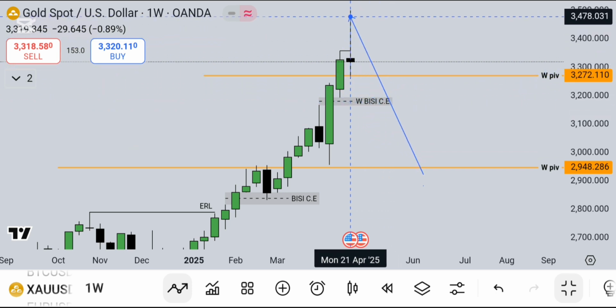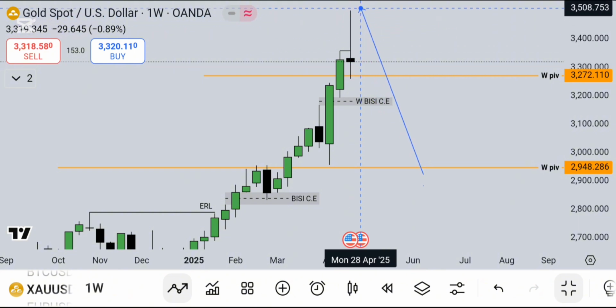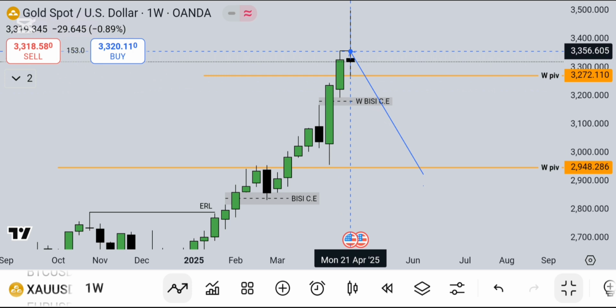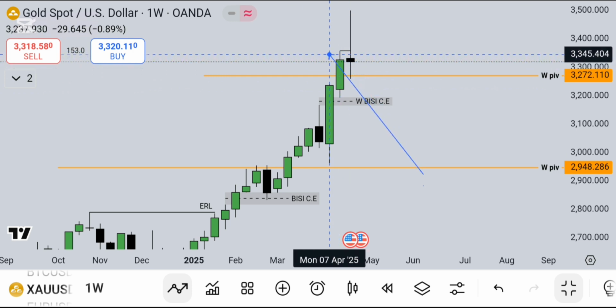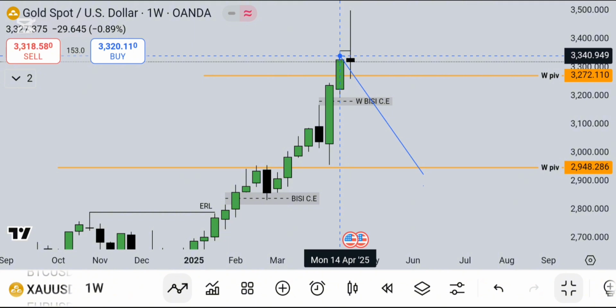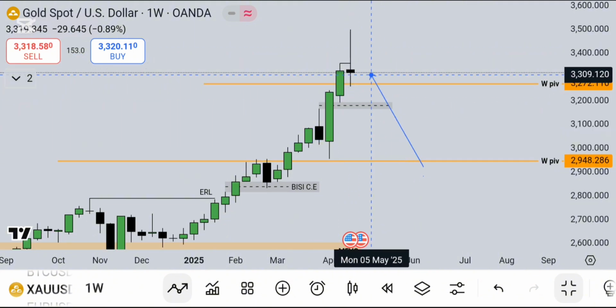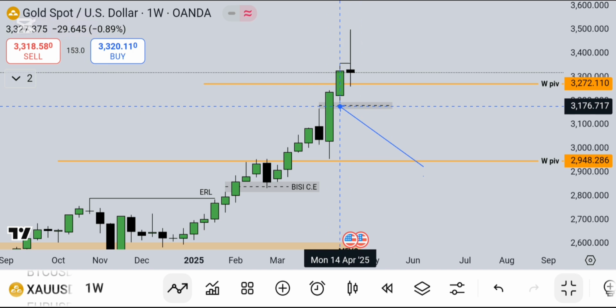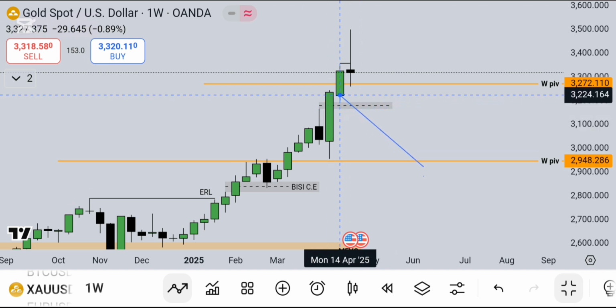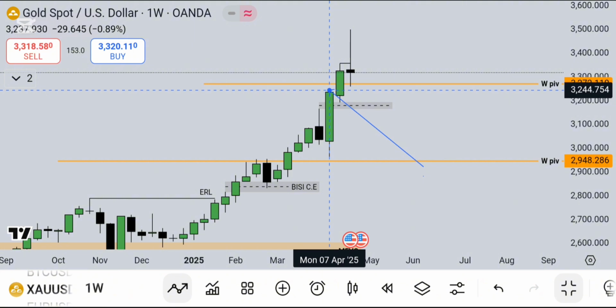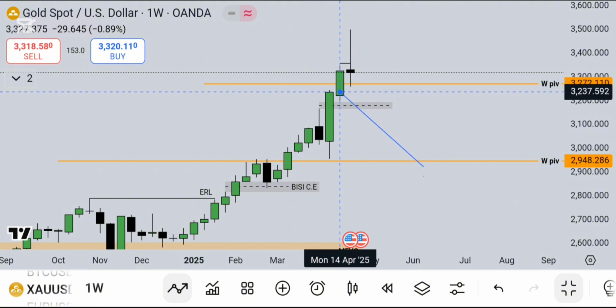Because of this huge rejection to the upside, and it's the weekly time frame, right? You can see how this previous week closed as it swept this week's high, right? So we shall expect it. And most of you will ask why I'm not using this upper imbalance, or inefficiency.